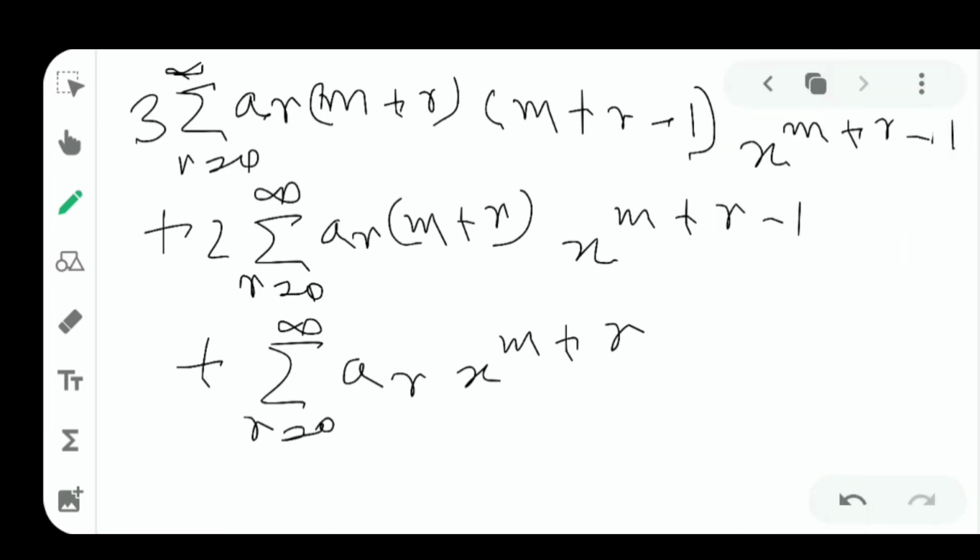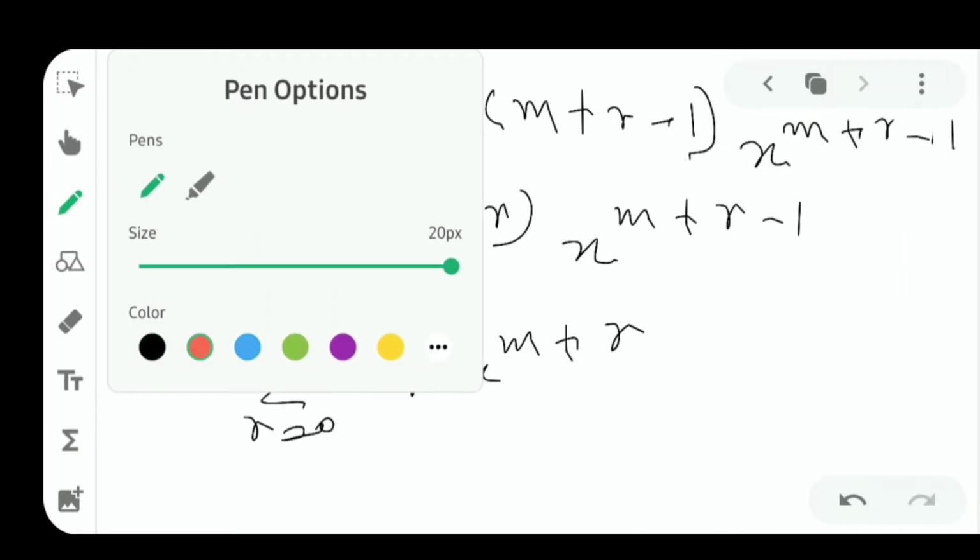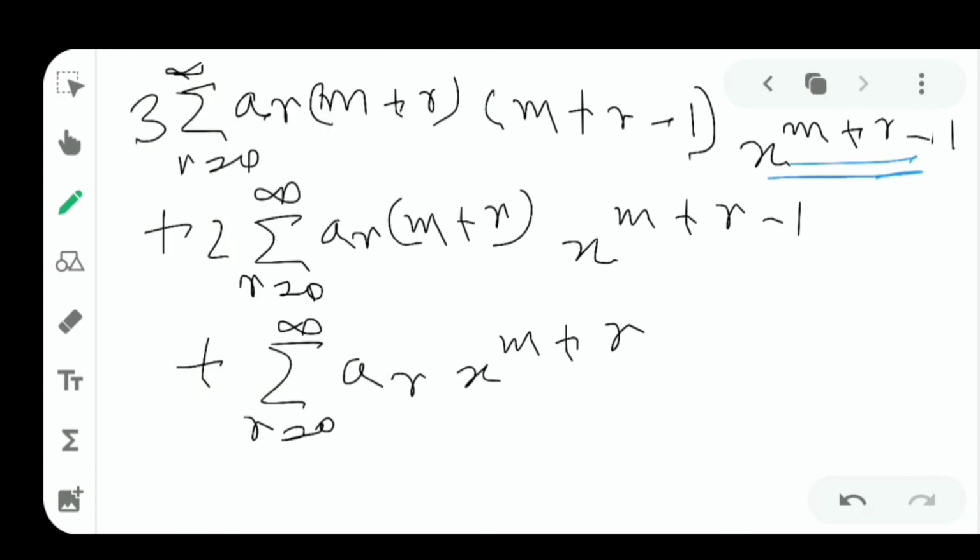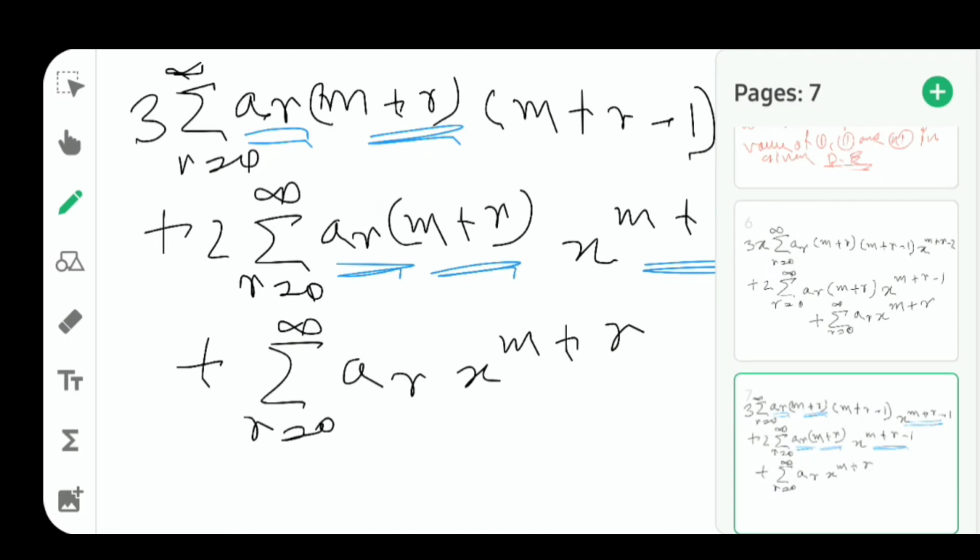Now see, the power in these terms is the same, so we can take it common. The a_r is also common, and m plus r is also common, so we can take this summation common.